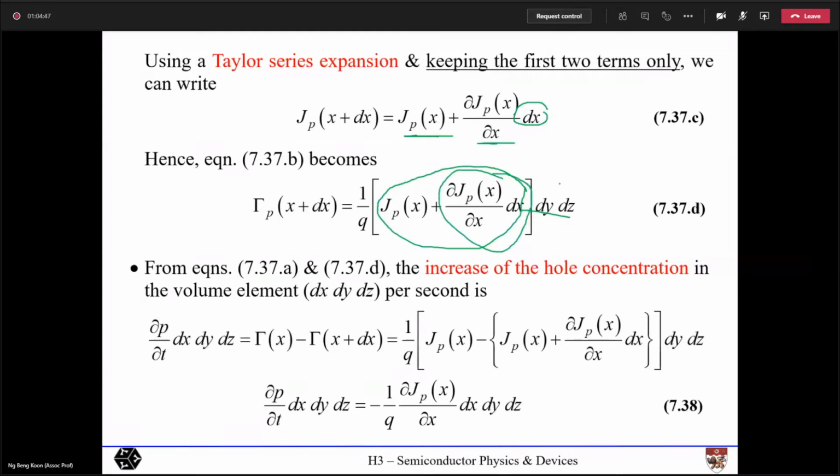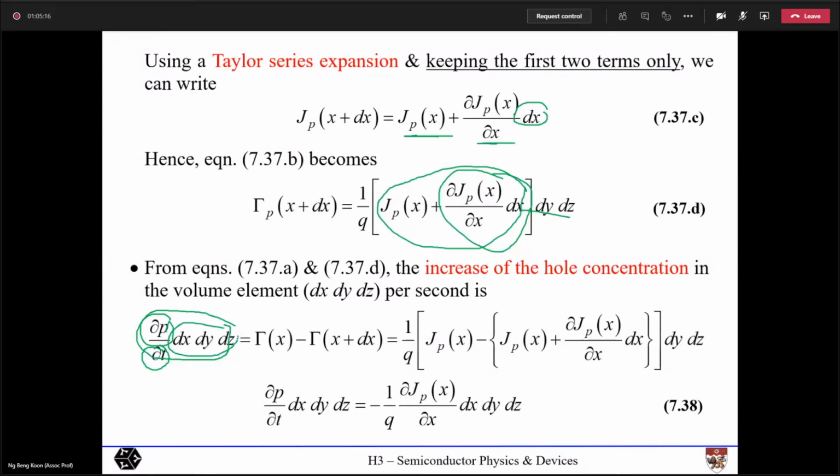This is pretty much the same as what we did previously for the diffusion current derivation. The change in the hole concentration as a function of time in the total element, which has a volume of dx, dy, dz.